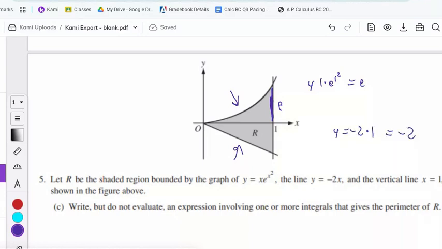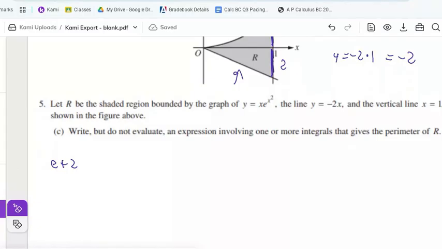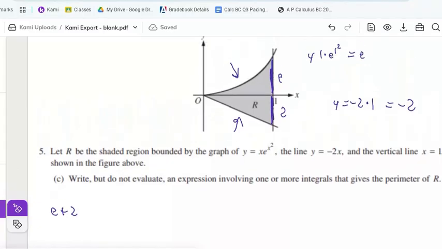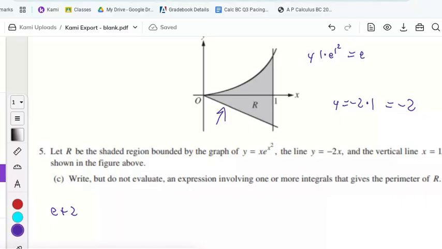This equals -2. And since we're finding length from one point to another, we're going to subtract it and it becomes positive. Or we can also say that this line right here is 2. So the total length of the line x equals 1 from its intersection points is going to be e plus 2.